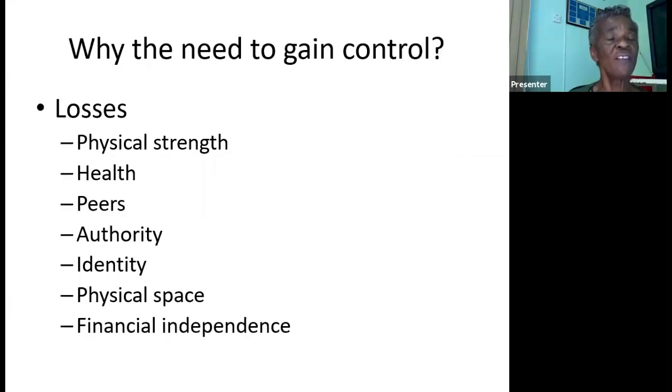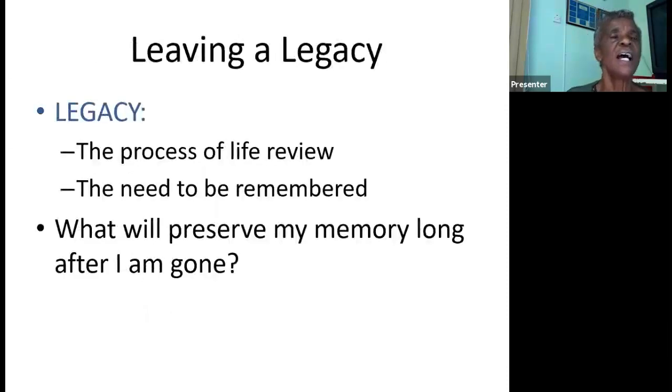So remember the two developmental things that Soul is talking about: losing control or gaining control, and the other one is leaving a legacy. For legacy, he explained that this is the process of a life review. They want to be remembered for something.